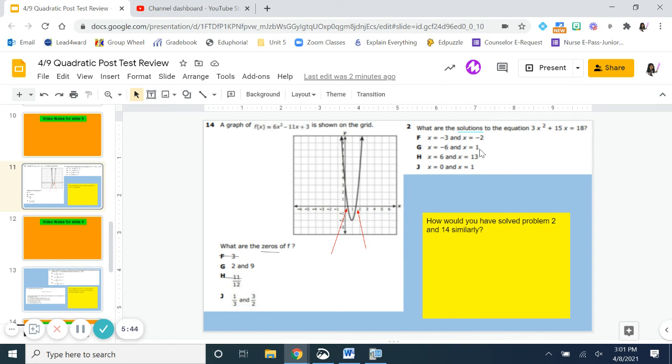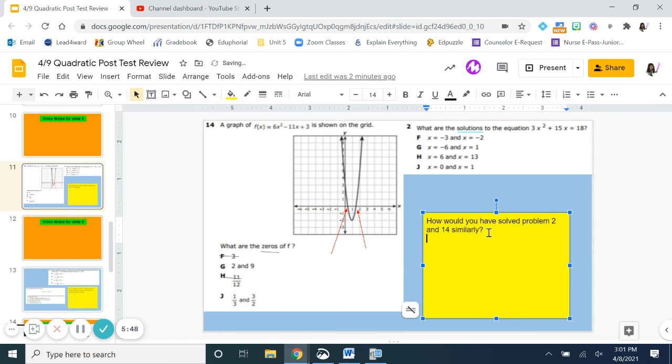So basically, how would we have solved these problems similarly? We are looking for when the quadratic intersects with the solutions.